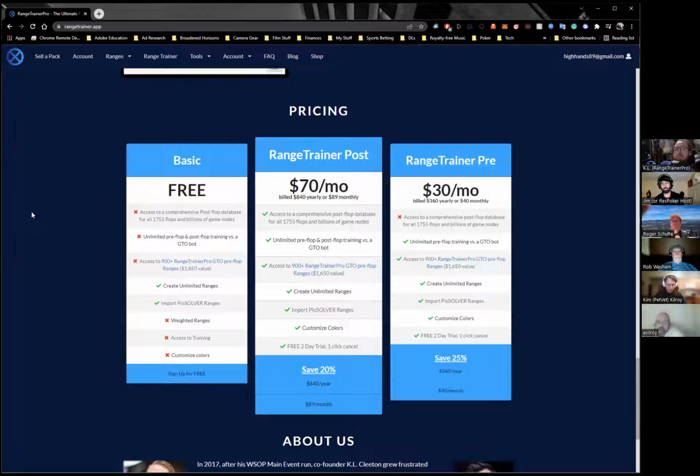It's very full featured in that it has multiple bet and raise sizes, but it's not so large that you can't actually implement it. Some products had like 9 c-bet sizings. There's no way that you can implement 9 c-bet sizings in your game effectively. It's just not possible. It's not because somebody isn't good enough.